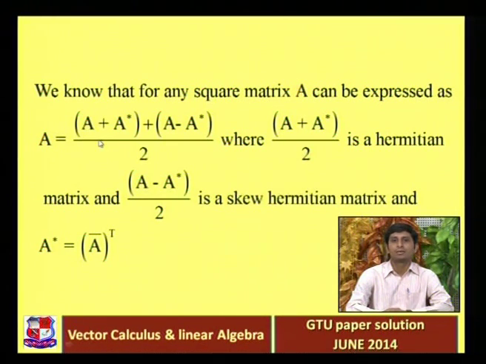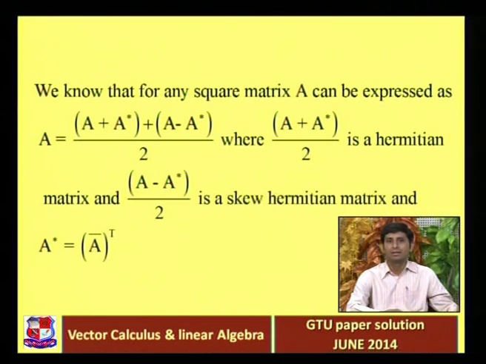So in particular for this matrix we have to write it as a sum of Hermitian and skew Hermitian matrix. First of all we find A plus A star divided by 2, then we find A minus A star divided by 2, and then we can write it as a sum of this Hermitian and skew Hermitian matrix.